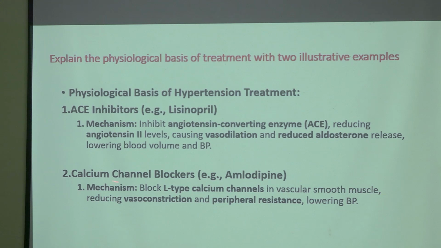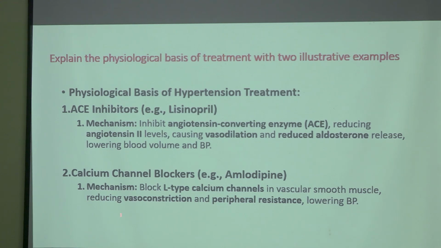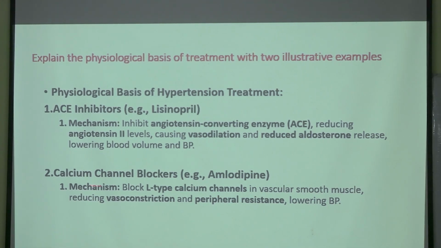The second one is the calcium channel blockers. It is also used as a part of treatment for hypertensive patients. So what is the exact mechanism, or mode of action, of these calcium channel blockers? See, it blocks L-type calcium channels.